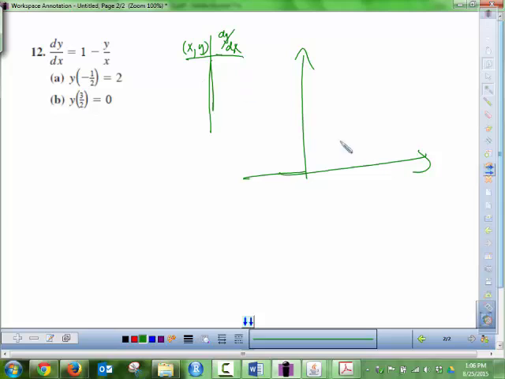I want to take as an example maybe 1,1. If I have 1 in for x and 1 in for y, I'm going to have 1 minus 1 over 1. 1 minus 1 is 0. So I'm going to have a 0 slope right here.